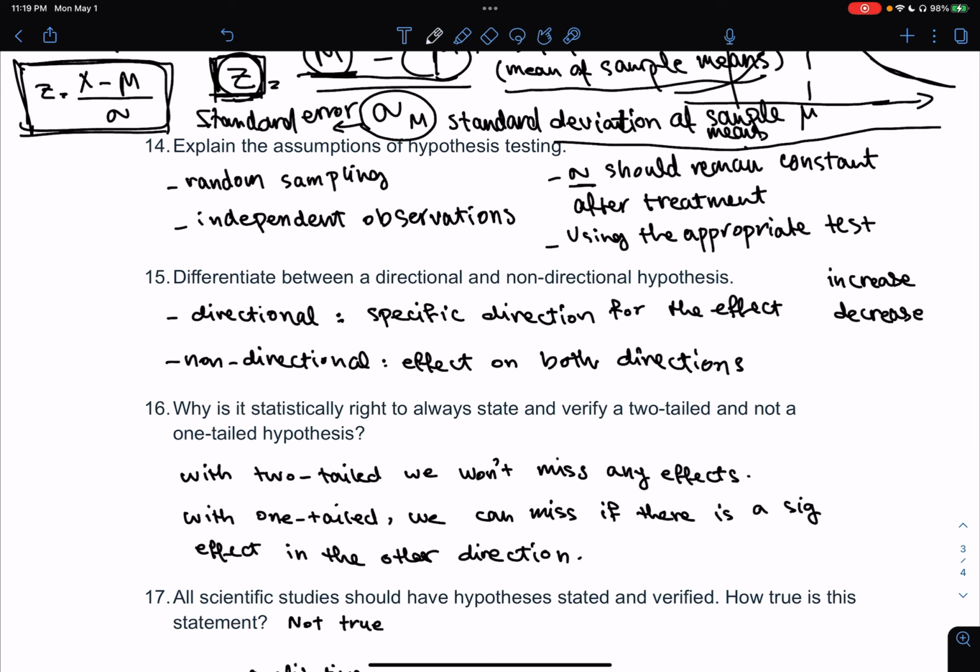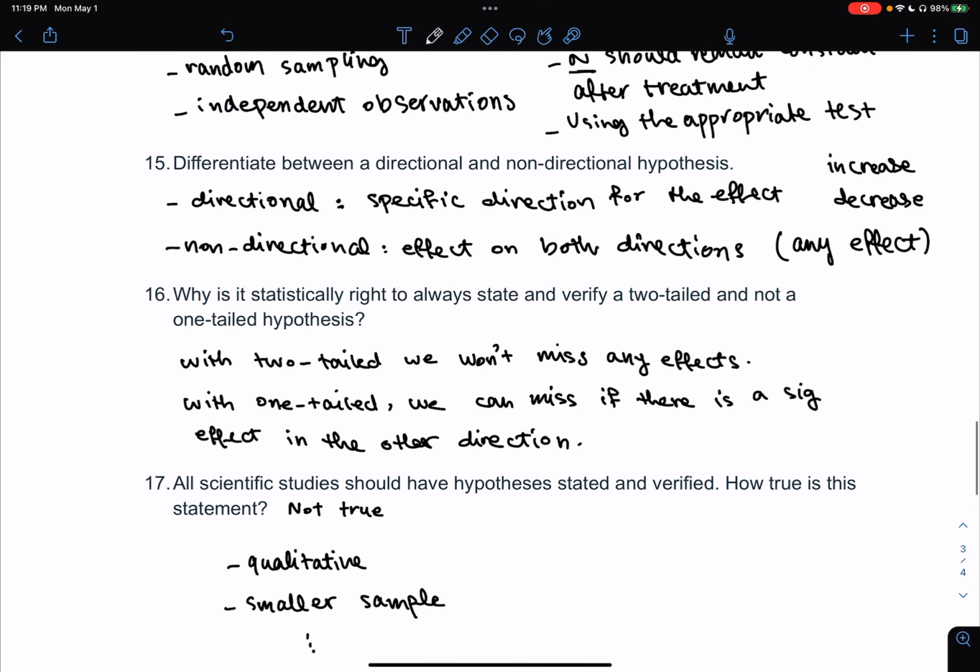But if we don't want to specify that, we by default will look at both increase and decrease directions. So if we're just looking at any effect, which could be either increase or decrease, that would be non-directional.